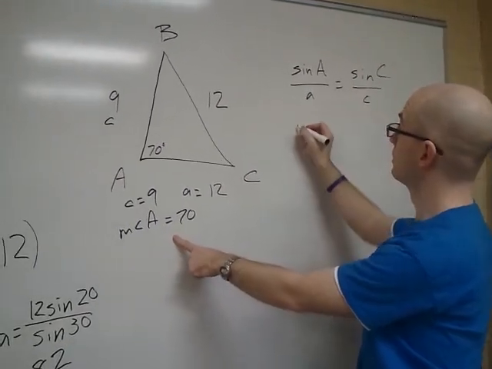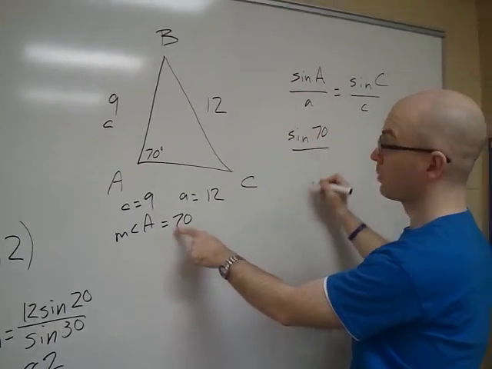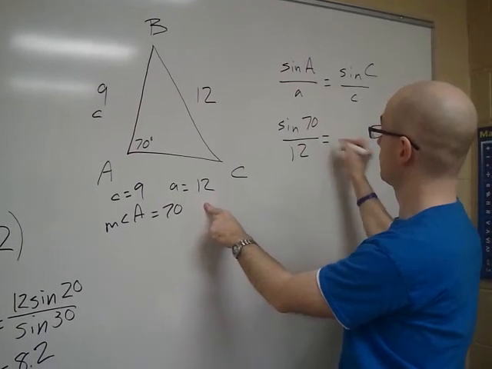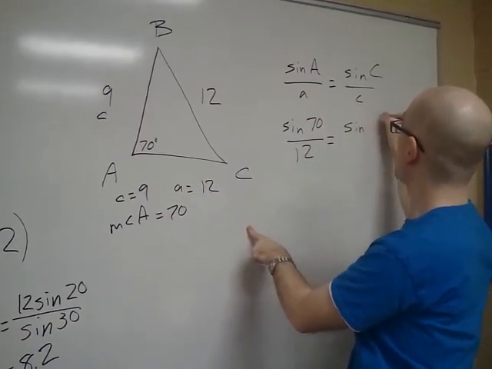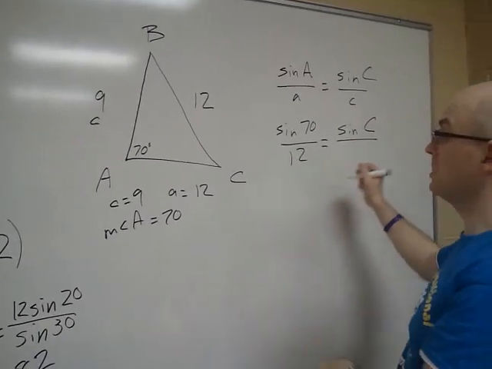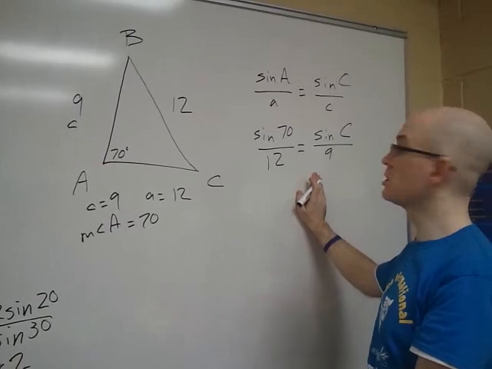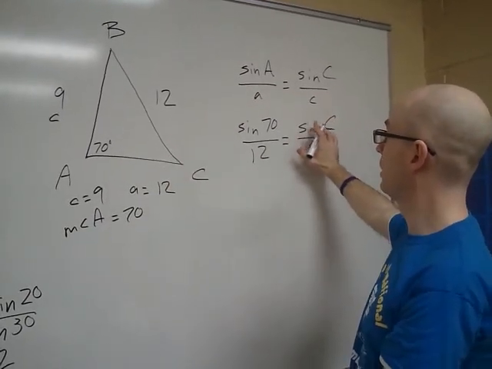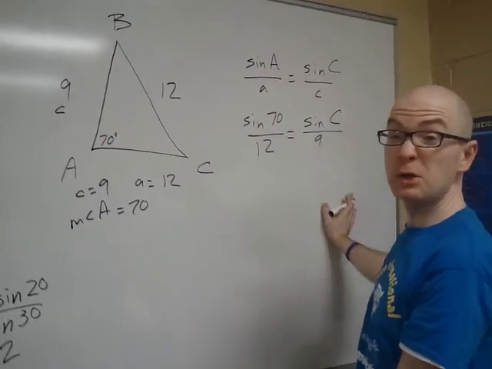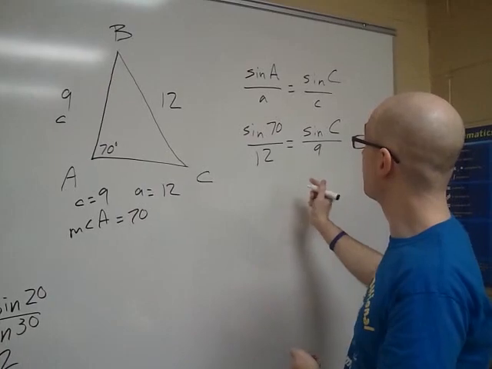Plug in what we know. So the sine of 70 over 12 equals the sine of big C over 9. We don't know this big C, so we leave it as the sine of big C, but we do know its opposite side, which is 9. All I've been doing is just taking information here and putting it here. And again, now we've pretty much got a very accessible algebra equation.